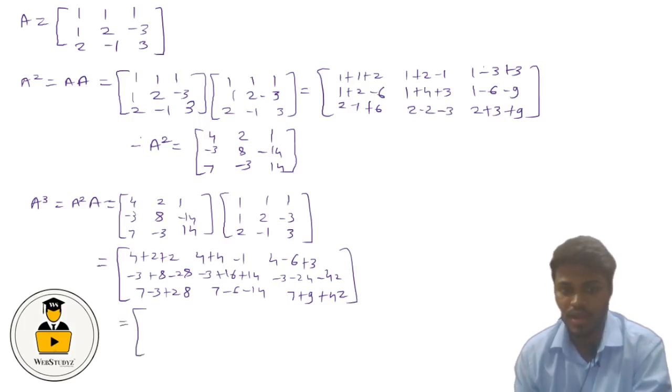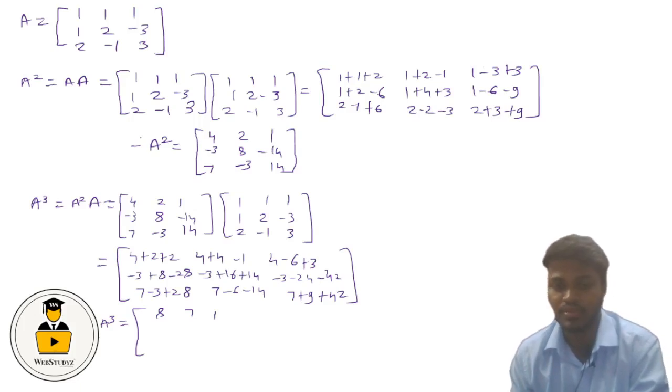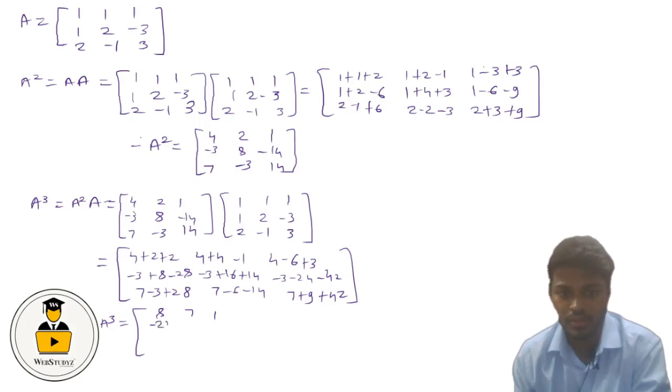If we add this, we will get the value of A cube as: 4 plus 2 is 6, 6 plus 2 is 8; 4 plus 4 is 8, 8 minus 1 is 7; 4 minus 6 is minus 2, minus 2 plus 3 is 1; then minus 3 plus 8 is 5, 5 minus 28 is minus 23; 16 plus 14 is 30, 30 minus 3 is 27; then minus 3 minus 24 is minus 27, and minus 42.